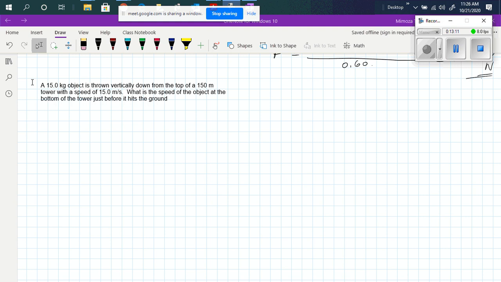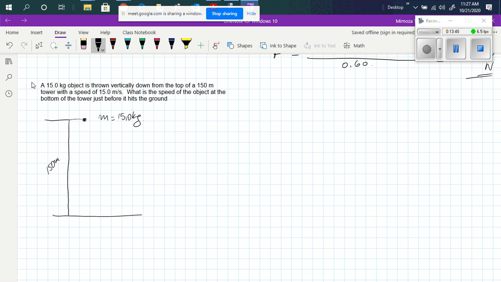So now you know if you have a kinematic question, you can see if you can solve it using energy, and then you can do the work one way and check your answer with the other way. What we have in this situation is a cliff with a height of 150 meters, and an object with mass 15 kilograms.